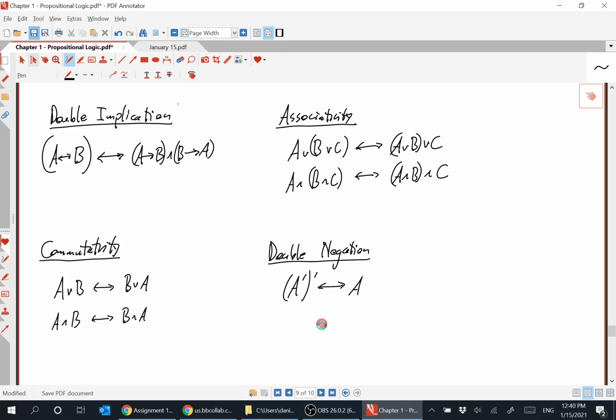So here's something where propositional logic really doesn't mean the same thing as it does in English. I mean, if you negate a propositional logic statement, it flips the truth value. So if you negate it again, it flips it back. So it's the same thing as what A originally was, the same truth value. For sure.